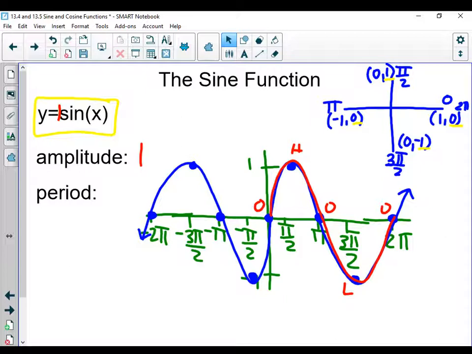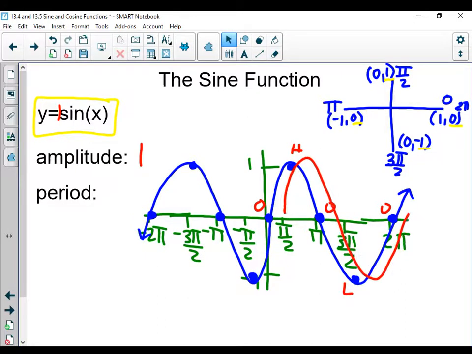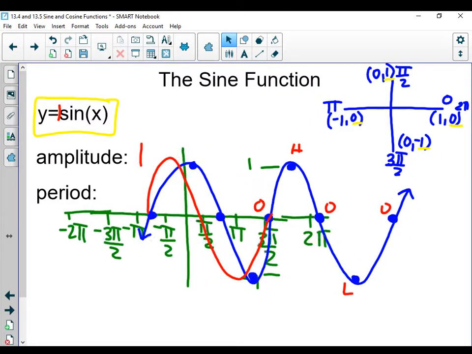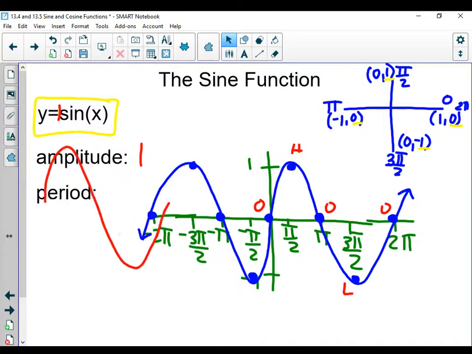So if I went from 0 to 2 pi, I could copy and paste this and the graph would keep going. This is not drawn to scale, but I should be able to copy paste it over here and again outside of here.